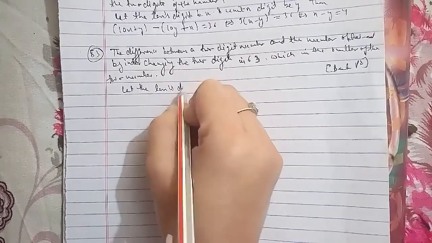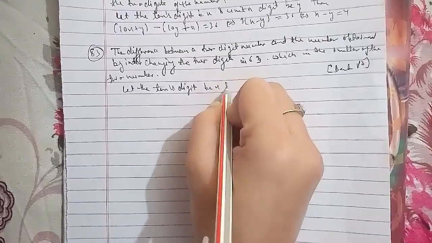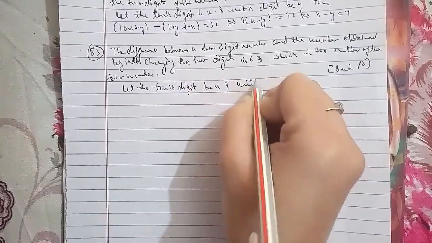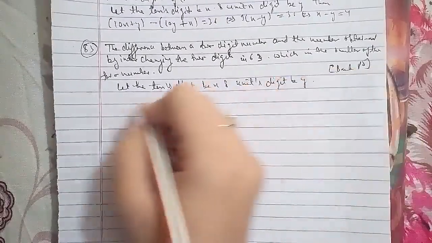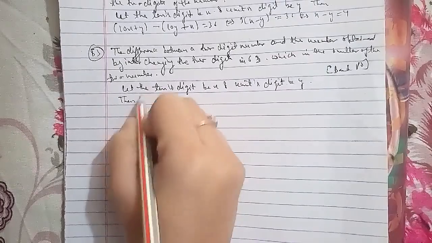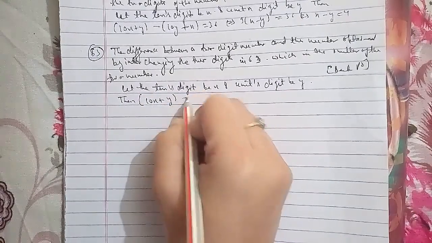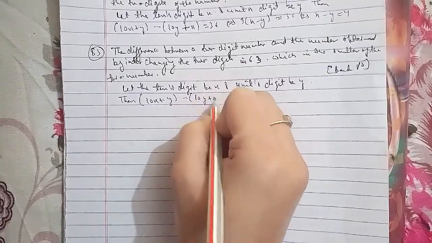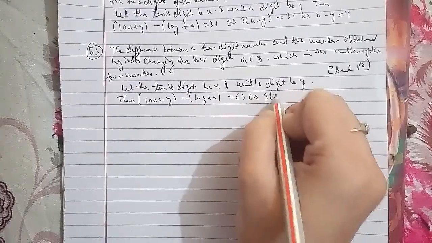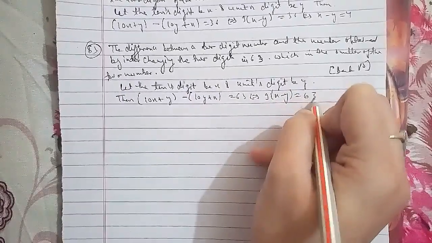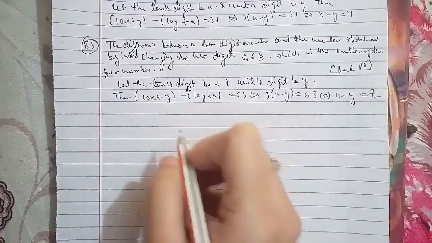Then (10x + y) minus (10y + x) equals 63, which is 9(x minus y) equals 63, so x minus y equals 7. So thus none of the numbers can be determined.